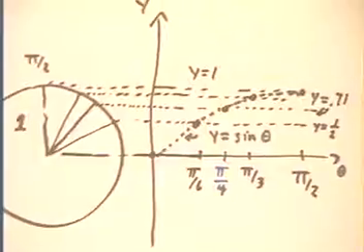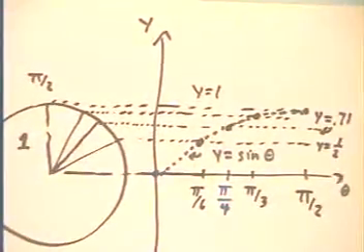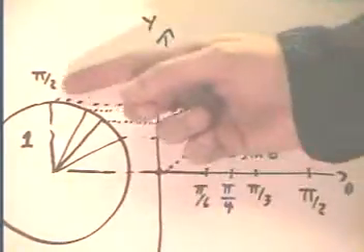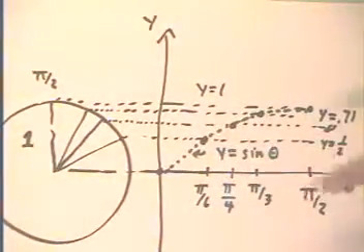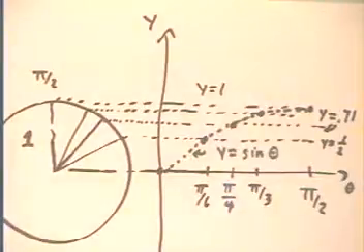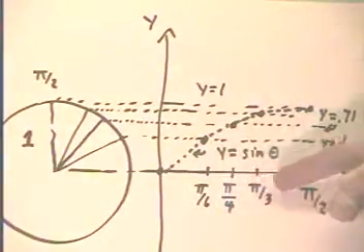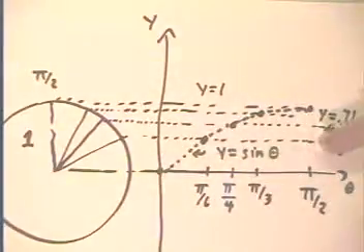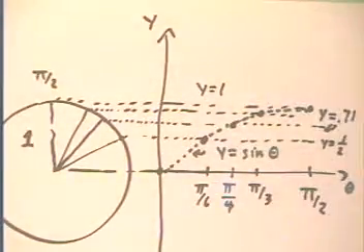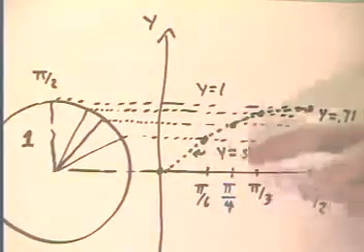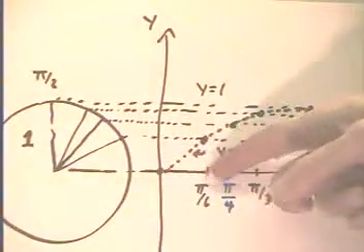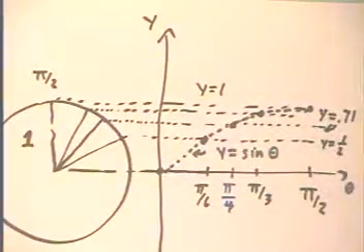Now over here, we've sketched a y versus theta graph for theta from 0 to pi over 2, specifically giving the sines of pi over 6, pi over 4, pi over 3, pi over 2, and of course 0. Now from 0 to pi over 2, the angles pi over 6 and pi over 3 split this interval into 3 equal segments, so that from here to here, from here to here, and from here to here should be equal distances.